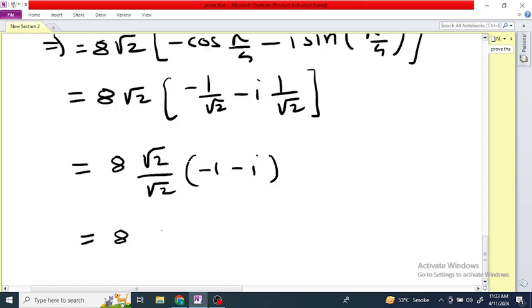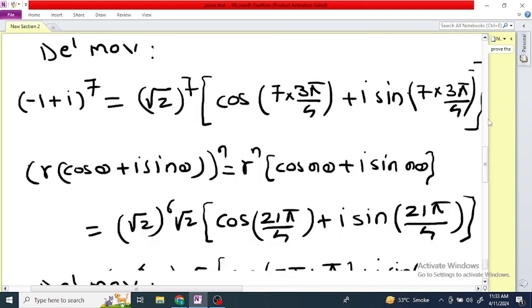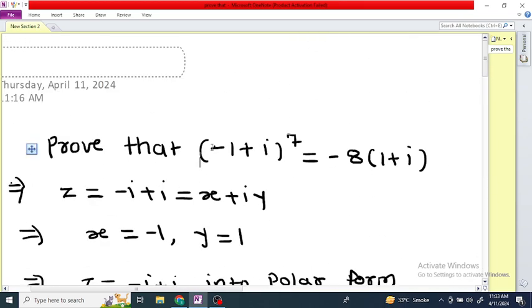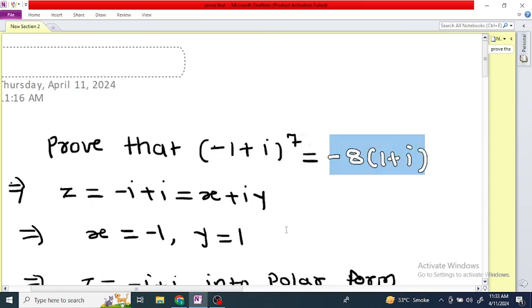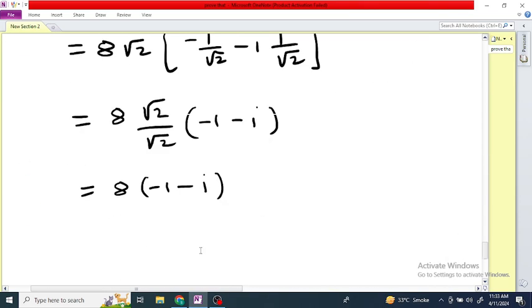This is equal to 8 times (-1 - i), and this is what we want to show here. This is what our question says, that (-1 + i)^7 is equal to -8 times (1 + i). So if you take the minus sign outside, this will be equal to 1 + i.